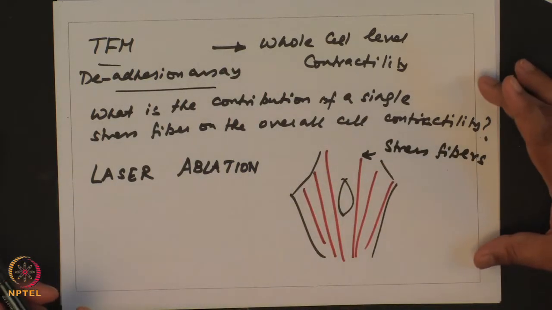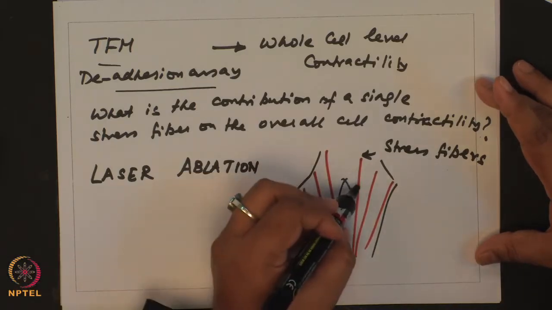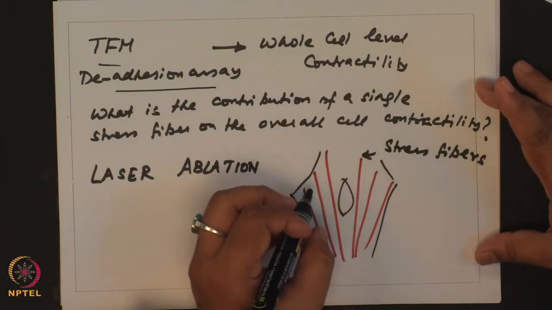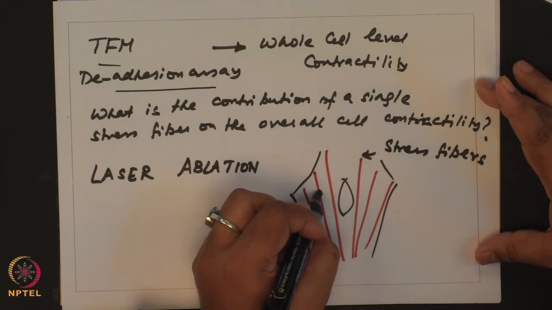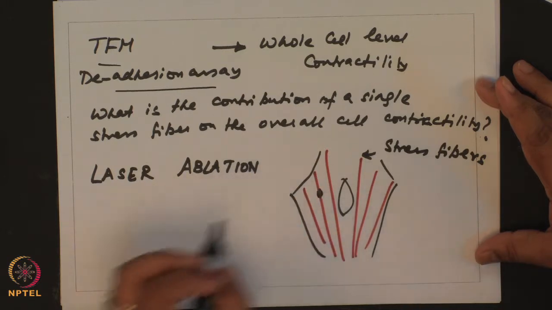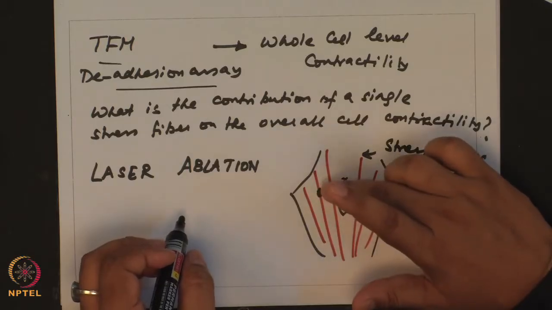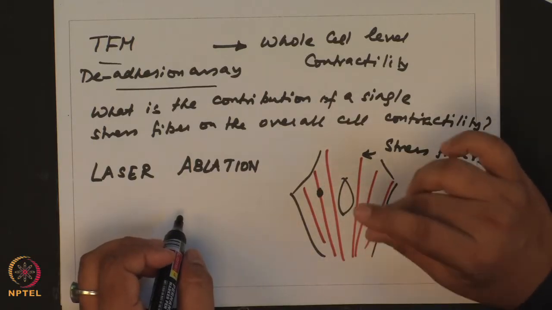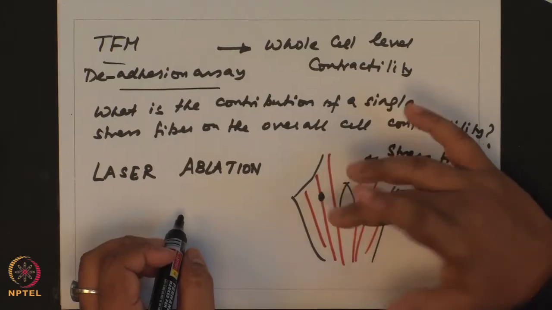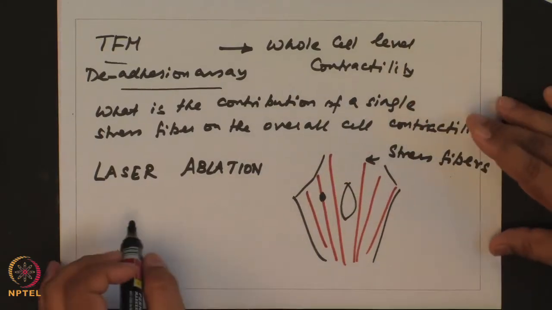What laser ablation does is it focuses laser light at a single point on a stress fiber. When you focus laser light on a single point, the energy is so high that locally the material just evaporates.